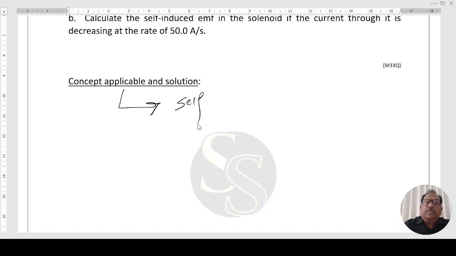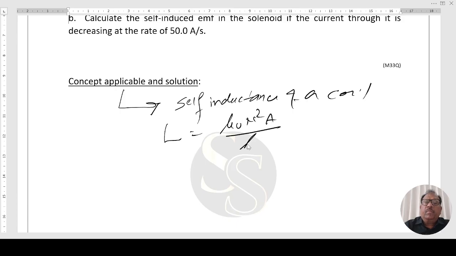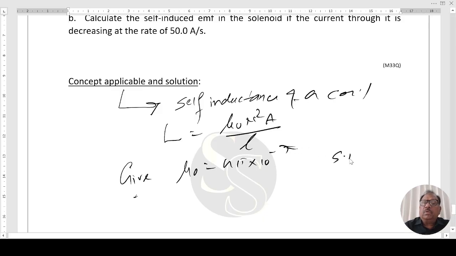Self-inductance of a coil is given by mu naught n square A by l. Given, हमें चेक कीजिए. फ्री स्पेस mu naught की वैल्यू है 4 pi into 10 to the minus 7 SI unit.